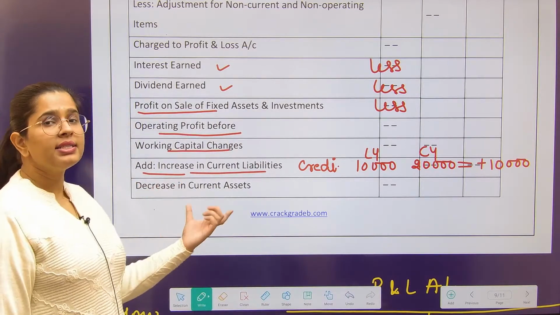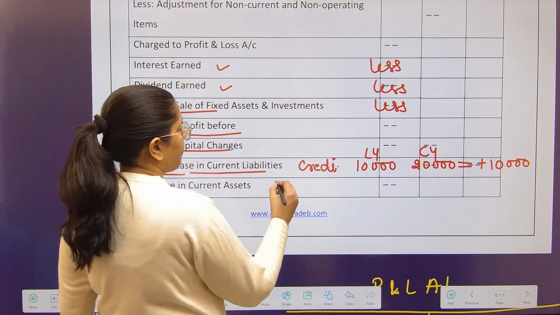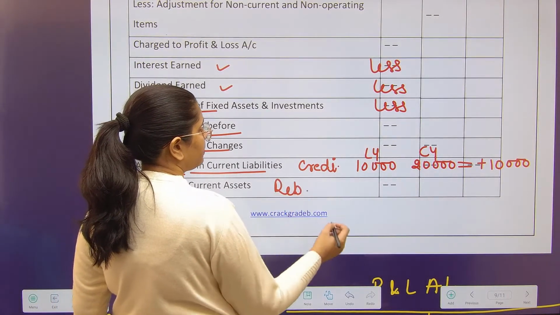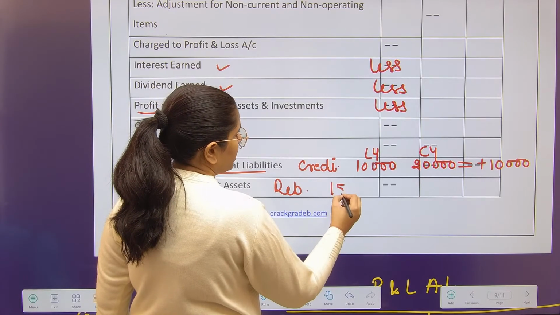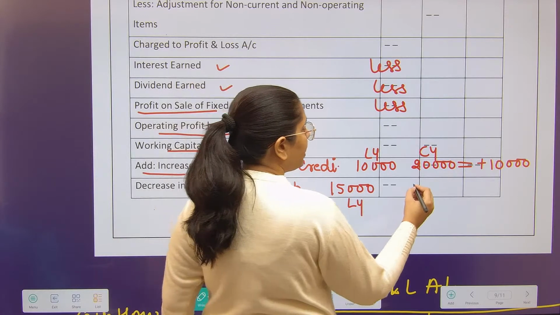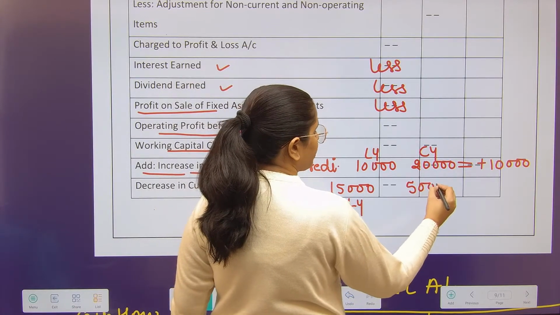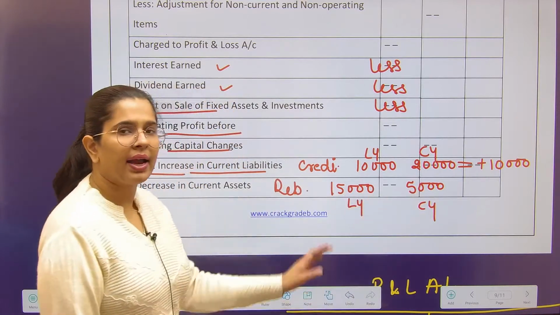Similarly, decrease in current asset you have to add. Why? For example, see here, debtors. Last year your debtors were 15,000. Current year your debtors are 5,000. Your debtors have decreased by 10,000.